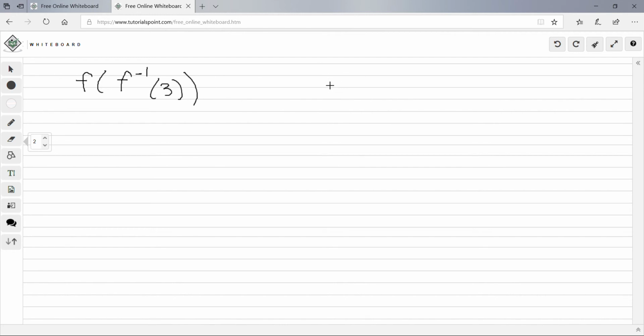So remember we said that f of x is 2x plus 9. And then remember from the last problem, we said that f inverse is x minus 9 over 2, because we got that from the last problem.